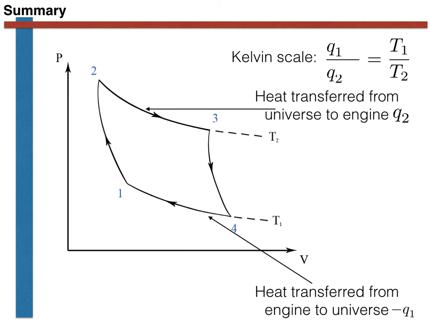We then define temperature using the Kelvin scale, which defines the ratio of T1 and T2 in terms of the ratio of the heat output to the heat sink to the heat absorbed from the heat bath. Thank you for your attention.